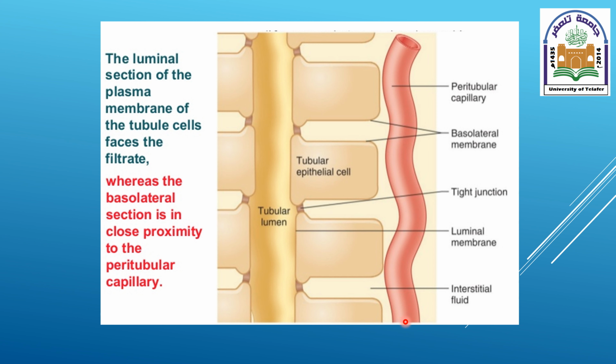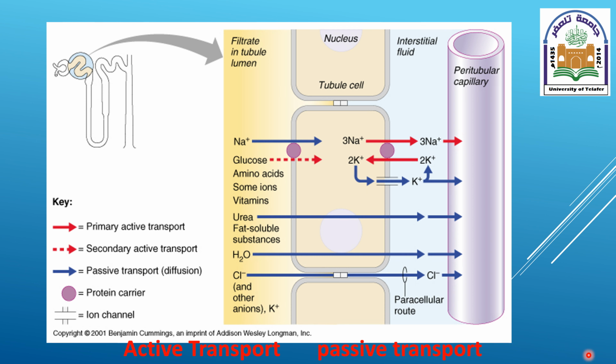This process of transport is again of two types: active and passive. Active transport is in turn divided into primary and secondary, and also pinocytosis.